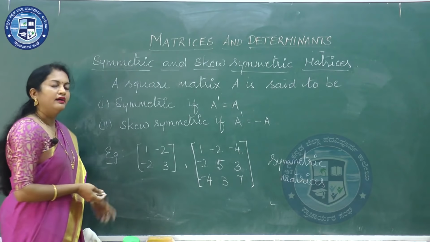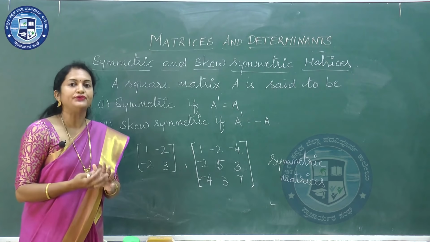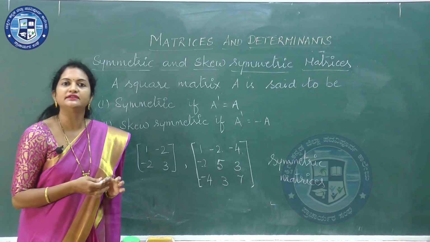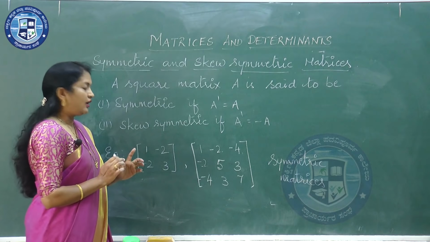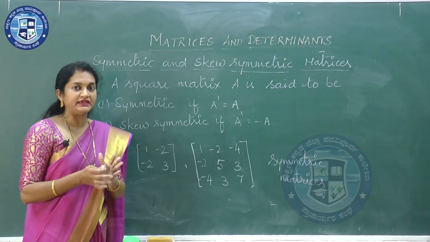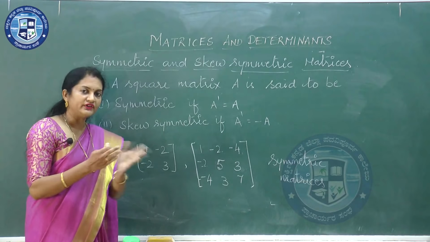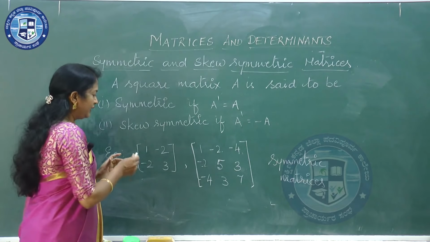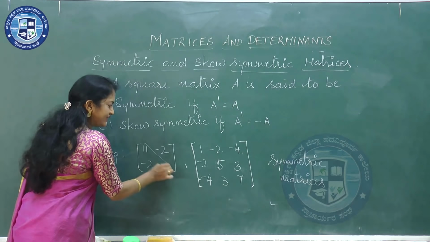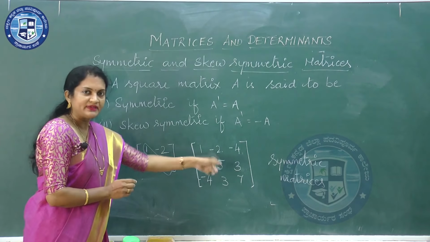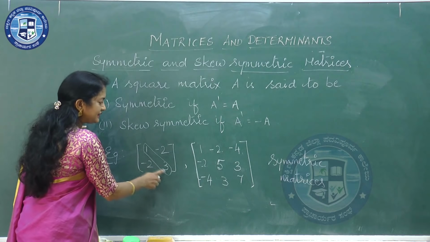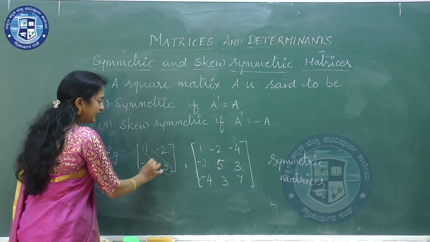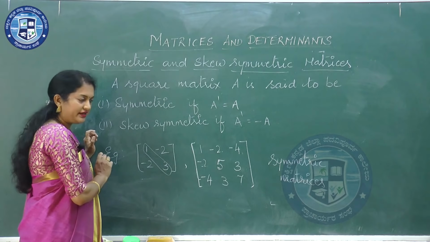Now, how can we write a symmetric matrix? Suppose you have to write a symmetric matrix. What is the trick to write it? Or how do you recognize a symmetric matrix immediately by seeing it, without transposing? You see, first of all a symmetric matrix must be a square matrix. This is the principal diagonal. These are the non-diagonal elements.